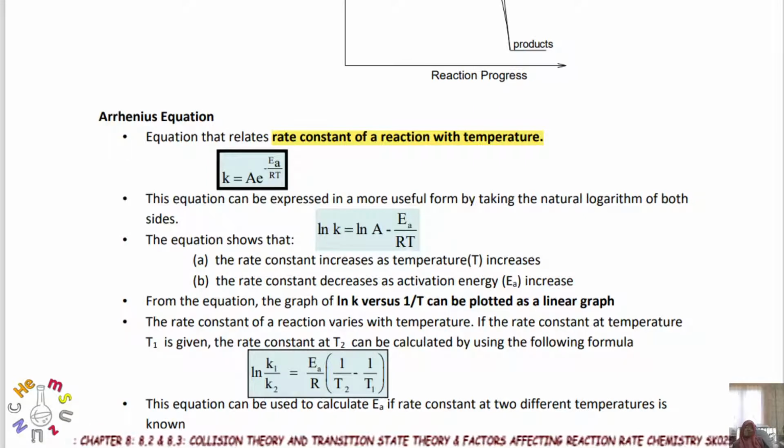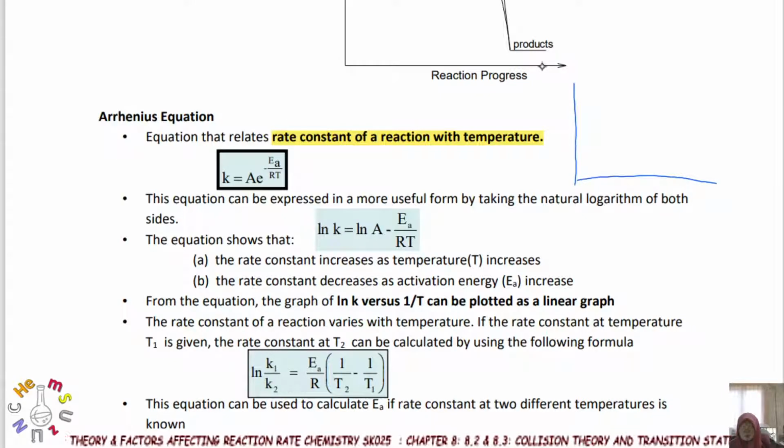Tapi dengan activation energy, activation energy increase, the rate constant decrease. Okay. Jadi dalam kes kat sini, bila kita buat equation ln K is equal to ln A minus EA over RT. Ln A ni adalah intercept pada bila kita buat graph.